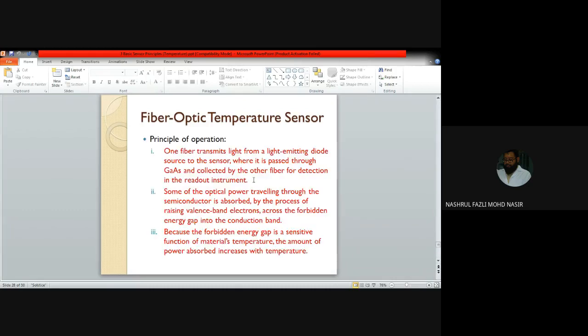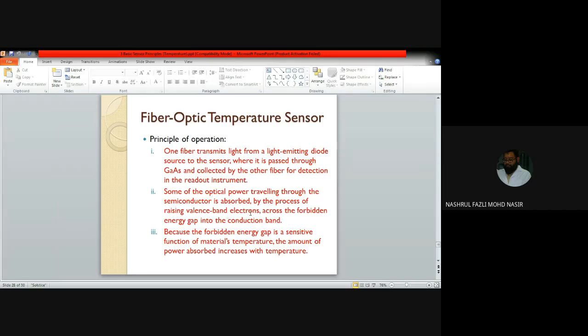Principle of operation. One fiber transmits light from a light emitting diode source to the sensor, where it passes through the gallium arsenide, and it is collected by the other fiber for detection in the readout instrument. Some of the optical power traveling through the semiconductor is absorbed by the process of raising valence band electrons across the forbidden energy gap into the conduction band.